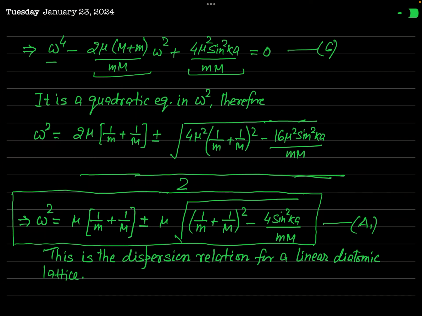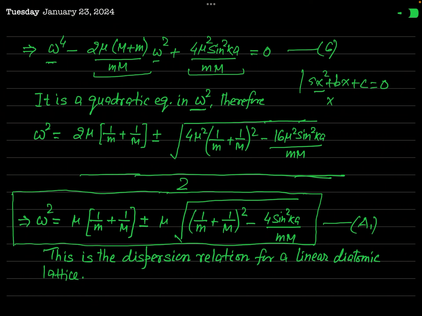Okay. Now you can see this is a quadratic equation in omega square, not in omega, because here there is omega 4, here is omega square. So this is in the form of ax square plus bx plus c is equal to 0. You can see at the place of x square there is omega 4.